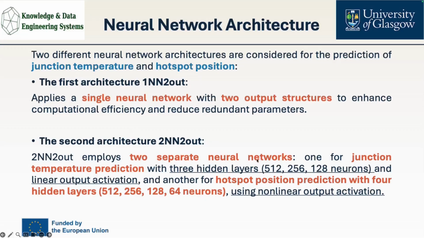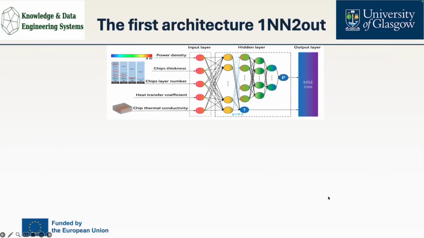In general, when we have two neural networks, we expect the junction temperature network to be smaller than the one used for the hotspot position, because the temperature is easier and smoother, and it can also be solved by using linear activation. But for the hotspot position, we could need to use more layers and non-linear output activations. This is the first architecture.